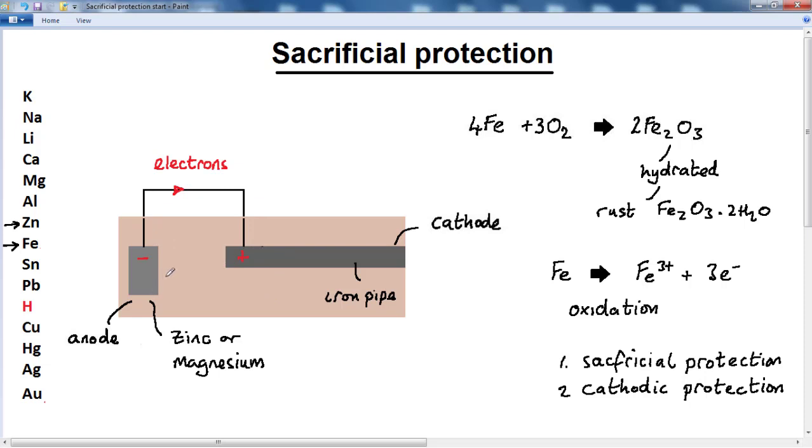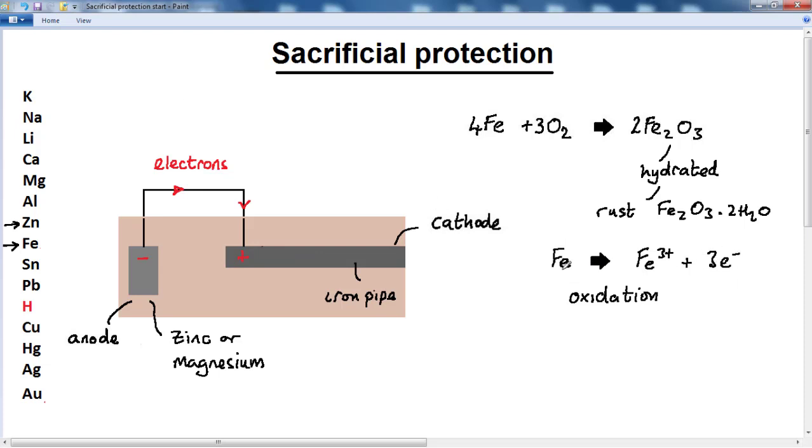Both the cathode and the anode are immersed in an electrolyte, which is the water in the soil. While we've got electrons flowing around the circuit, we'll also have ions flowing between the cathode and the anode. The whole point of this process is that electrons are being pushed from the anode onto the cathode, which is the iron pipe. Because the electrons are being pushed into the iron cathode, it stops the iron from losing electrons.